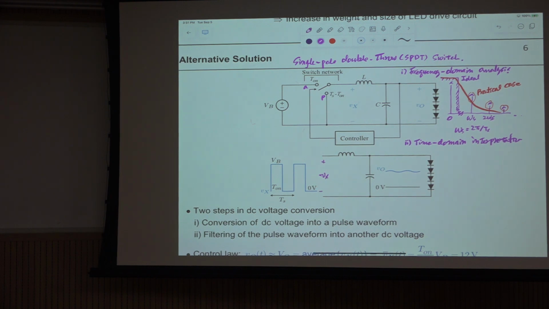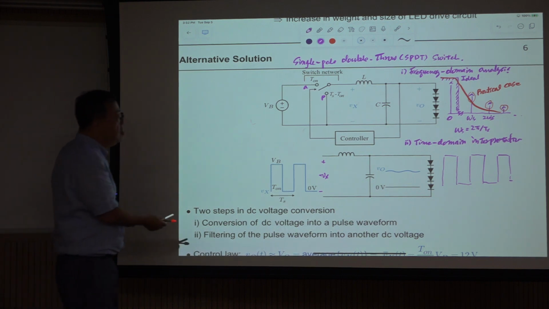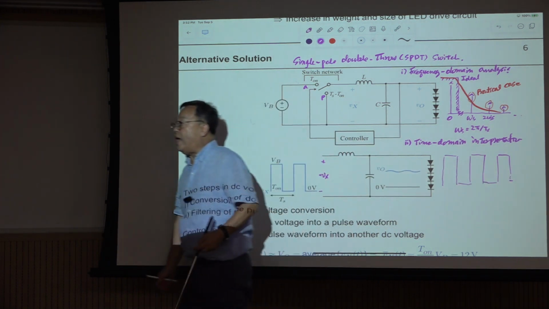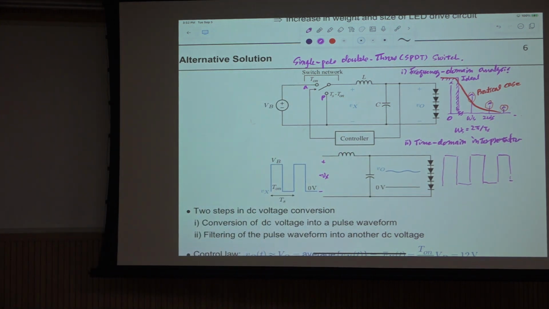Okay, then Vx is this one. In the time domain, this low pass filter is just taking the average value of this pulsating waveform. So for the ideal case, this average DC value will immediately appear as the output voltage. So this is the ideal case.